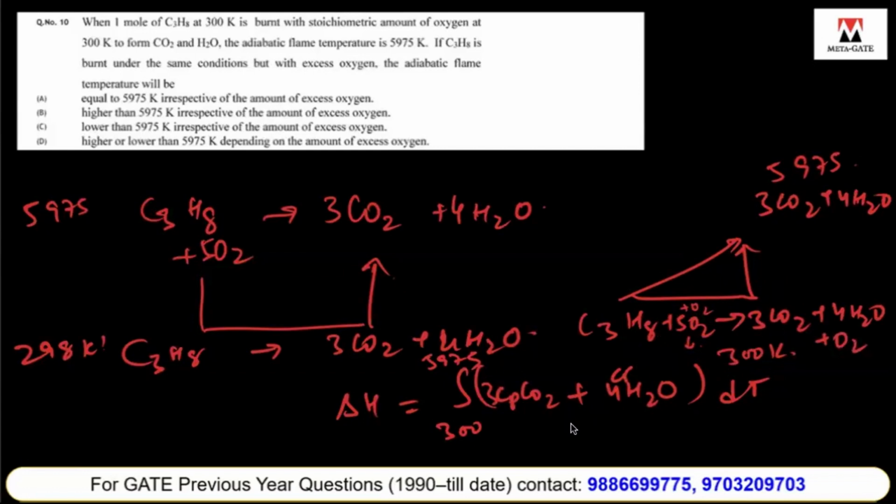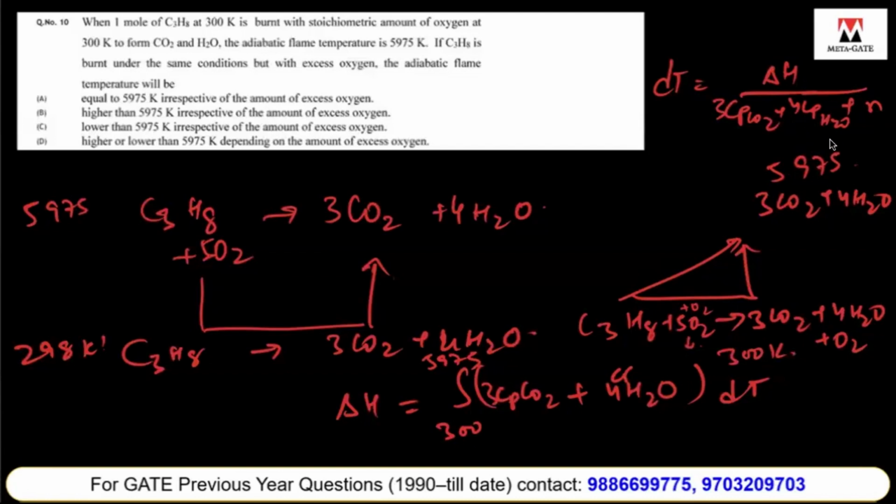So here, for the calculation of dT or adiabatic flame temperature, it is delta H divided by 3 Cp of CO2 plus 4 Cp of H2O, plus, if there is an excess amount of moles on the product side, the moles of oxygen will also come in.